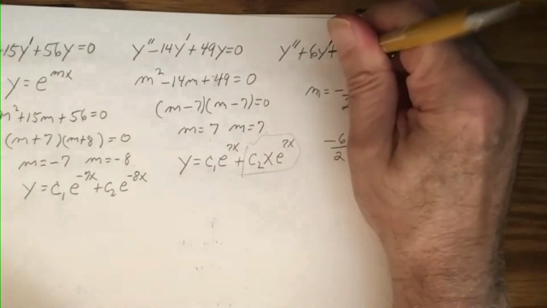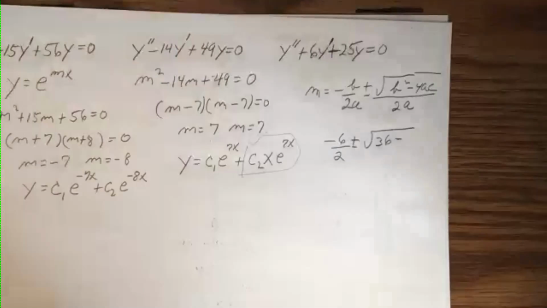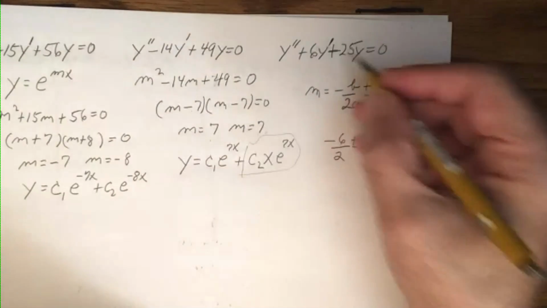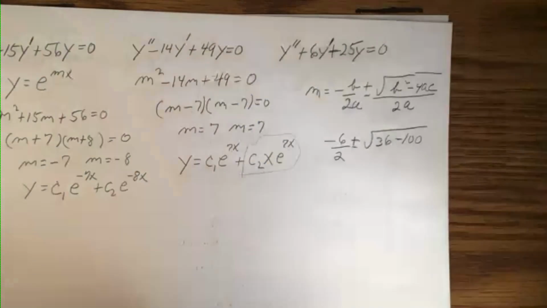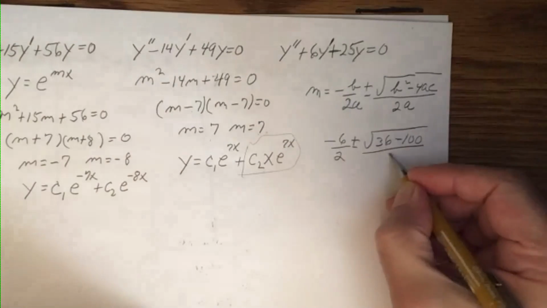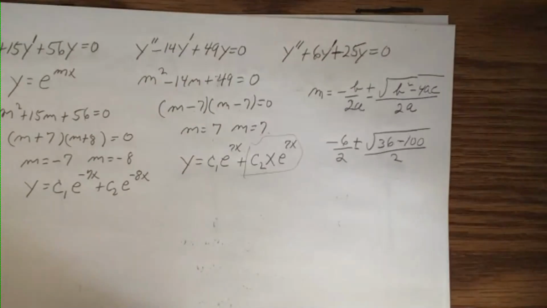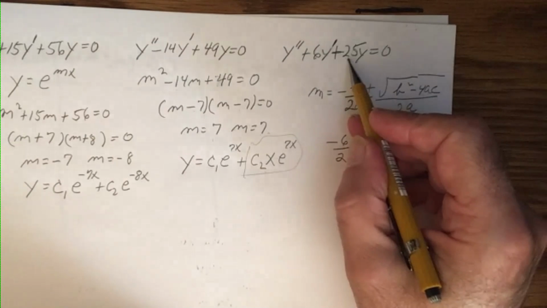I wanted this to be 25. So then this becomes 100, divided by 2. So if it didn't come out the way I wanted, I guess I copied it wrong. All right. So anyway, this is 25.